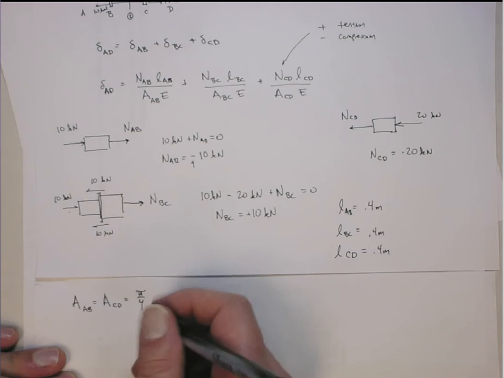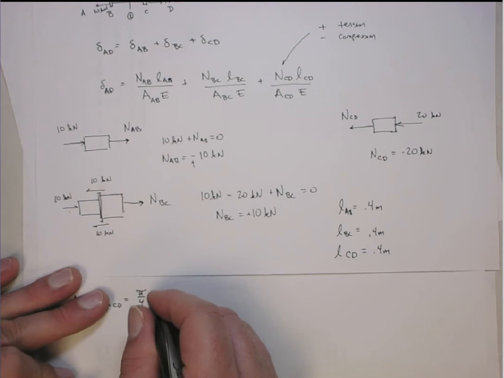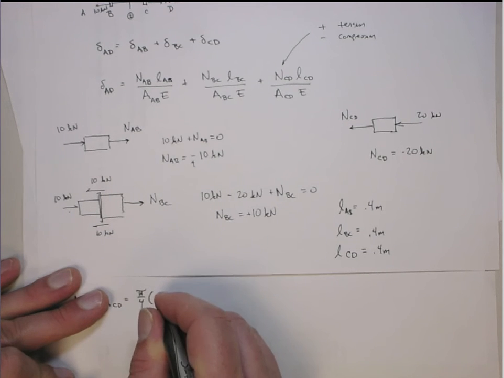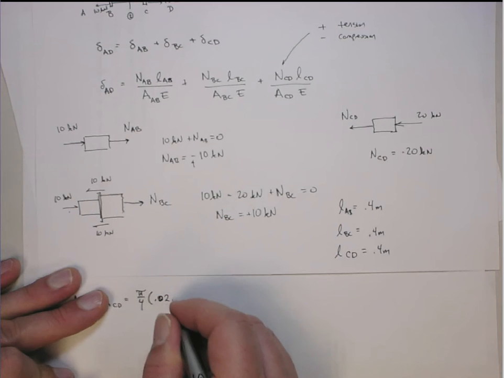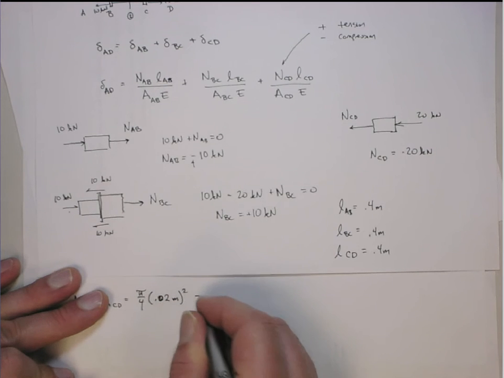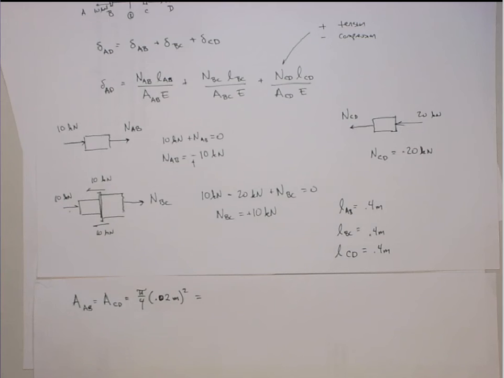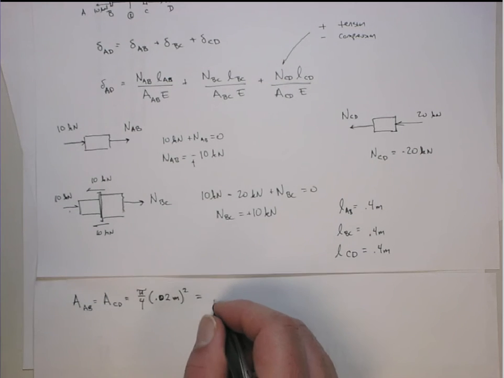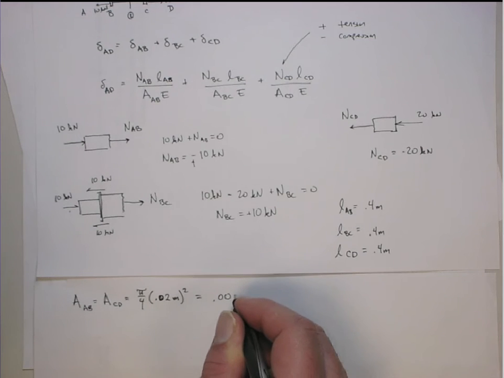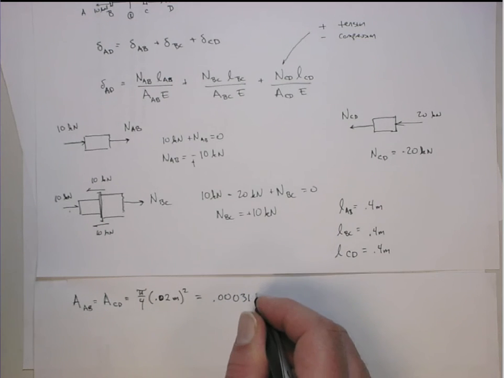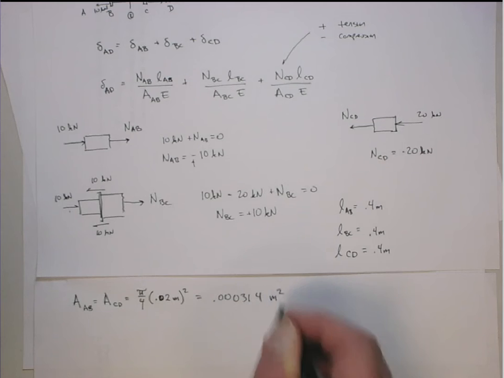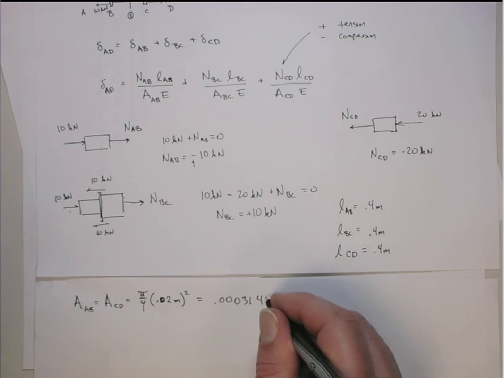It's solid, and so its diameter is 0.02 meters, squared. So that comes out to be 0.000314 meters squared.